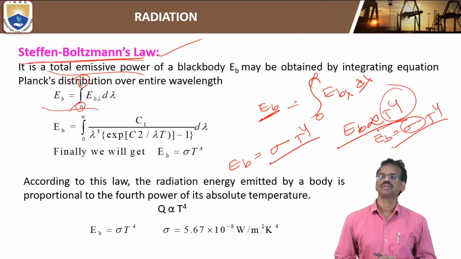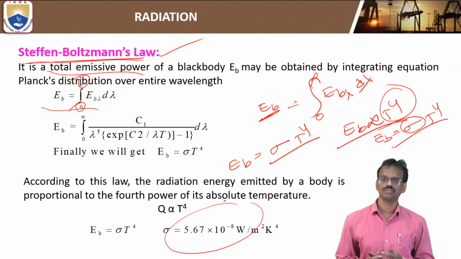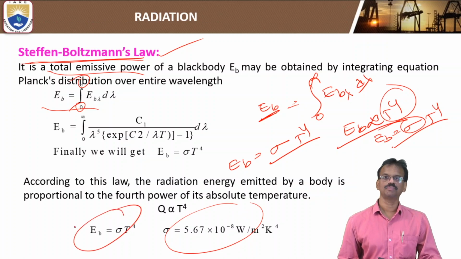This sigma is the Stefan-Boltzmann constant, whose value is 5.67 into 10 to the power of minus 8. You know the value. So EB is equal to sigma into T to the power of 4.